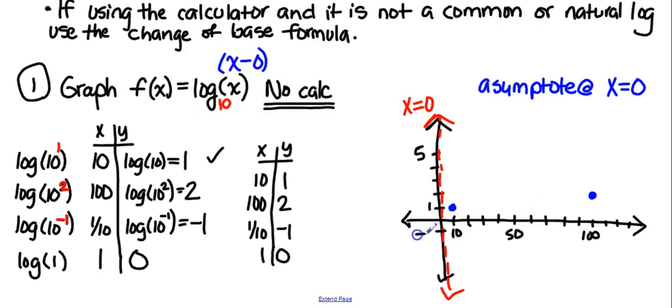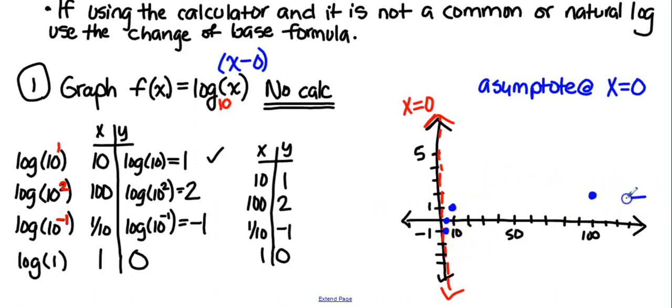So 1/10, that's super close to 0, but not exactly. And then we also have 1, 0. So again, if this is 10, 1, 0 is going to be roughly right there.